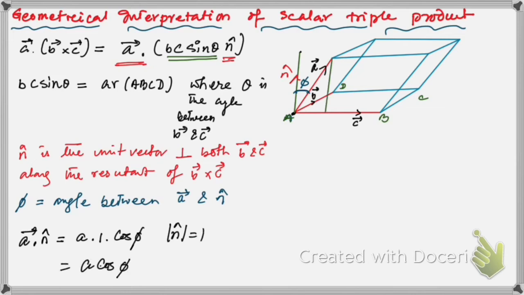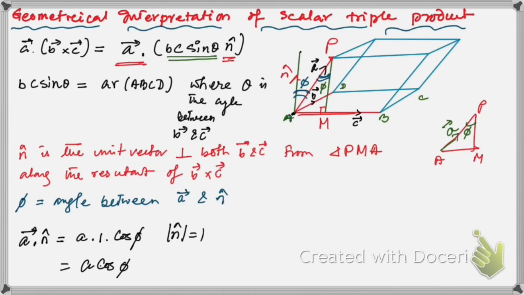Now if you draw a perpendicular PM from this vertex P to the side AB, you will get this triangle PMA, and these two angles are equal, alternate interior angles, so this one will also be phi.